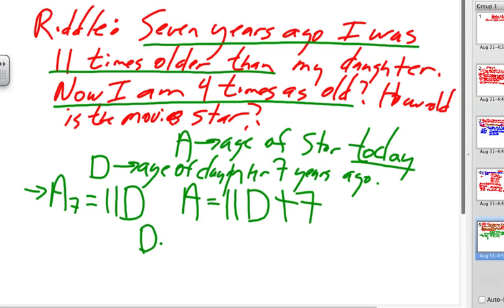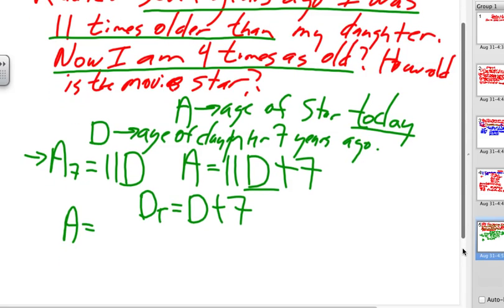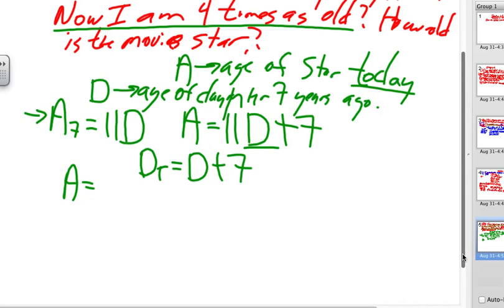So the daughter today is going to equal the daughter 7 years ago plus 7 years. The reason we need to do this is we really need to have D, the age of the daughter 7 years ago. That's what we're going to have to solve for initially to find the age of the actor.